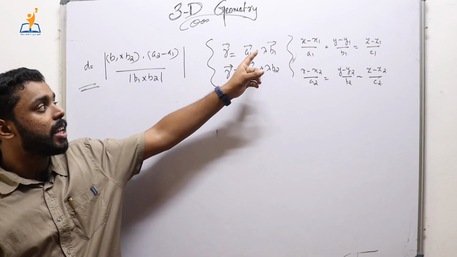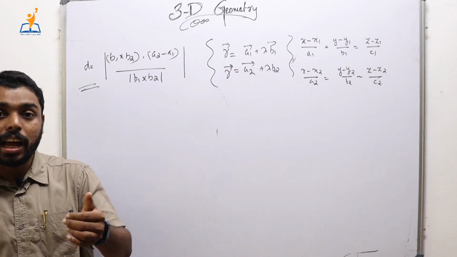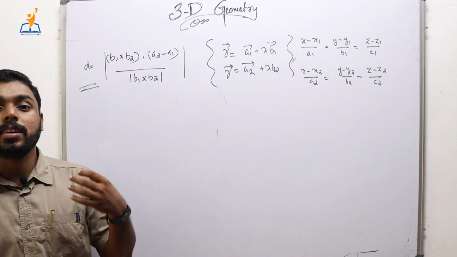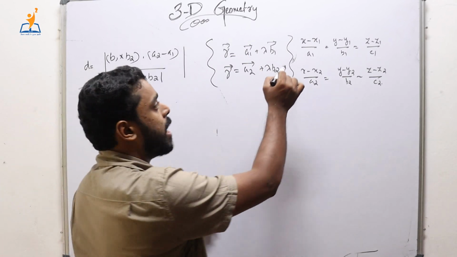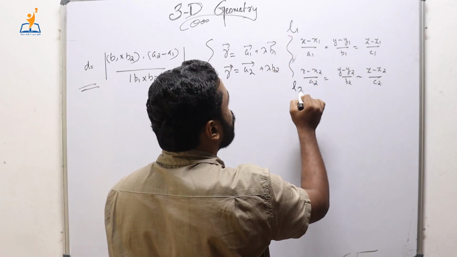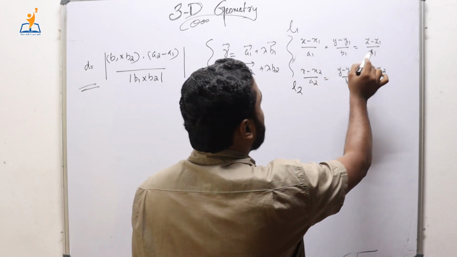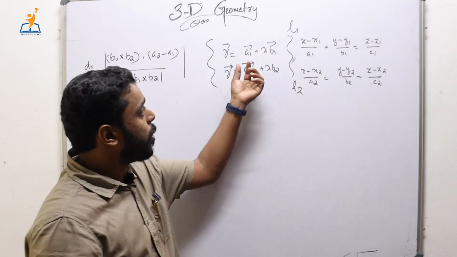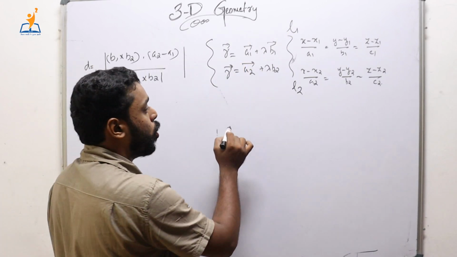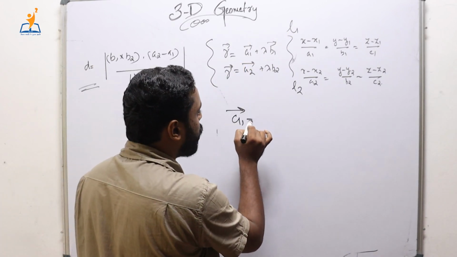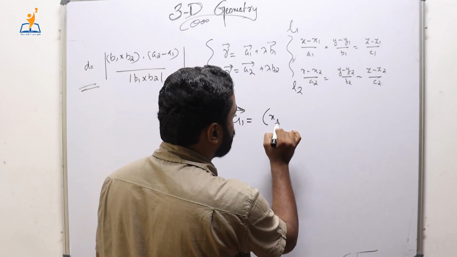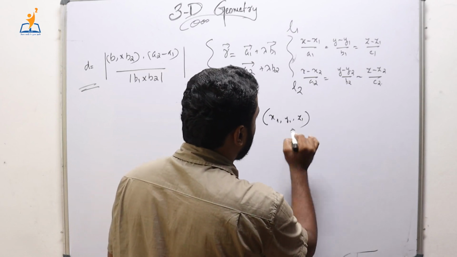Also, we already derived the Cartesian equation of the corresponding lines L1 and L2 as x minus x1 by A1, y minus y1 by B1, z minus z1 by C1. We know that the coordinates of the vector A1 are nothing but x1, y1 and z1.